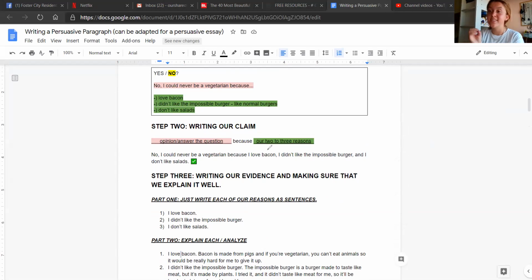The easiest way to get a new conclusion sentence is to just swap the order. Instead of leading with our opinion, we end with our opinion, which reinforces what we're thinking, and we start with the two to three reasons. For example, instead of starting with, no, I could never be a vegetarian, we'd start off with, because I love bacon, and because I love bacon, I don't like the Impossible Burger, and I don't like salads, I could never be a vegetarian.